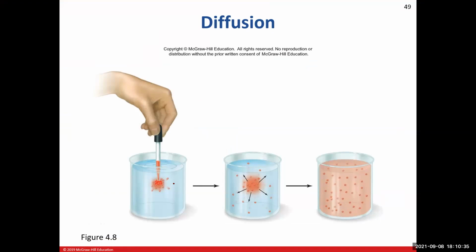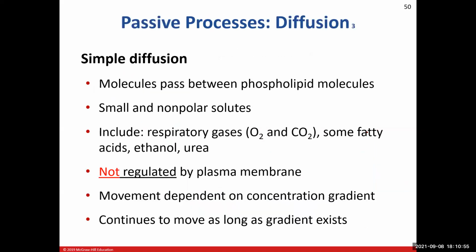Our molecules are highly concentrated in this area, so they want to move outwards, and that's exactly what they do until they reach equilibrium, in which our solutes are evenly distributed throughout the environment there, the beaker. So that's what we're talking about when we're talking about diffusion.